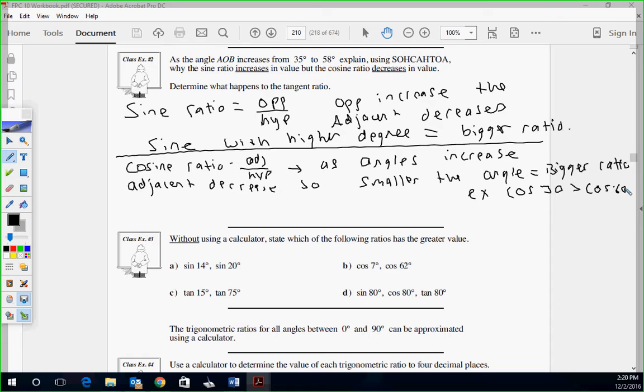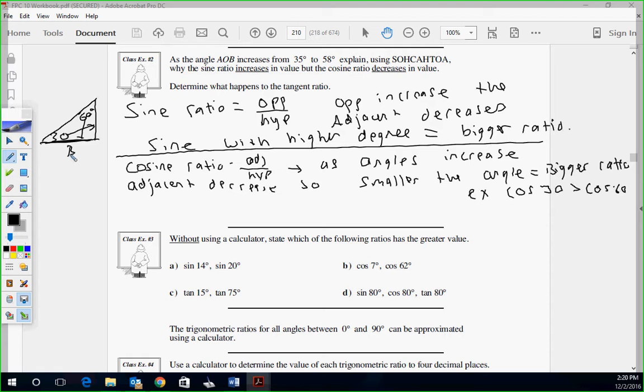This is the part that you guys get hung up on. If I'm doing cosine of 30, this is the adjacent side. Does a 30 do anything to that? No, it comes from this guy, which is now bigger. That's why the smaller this angle is, the bigger your adjacent can be. That's what causes cosine to be the reverse of sine.